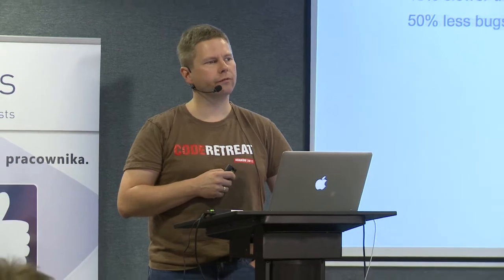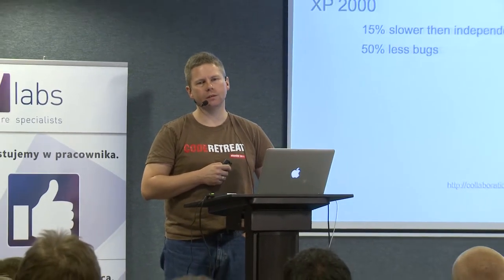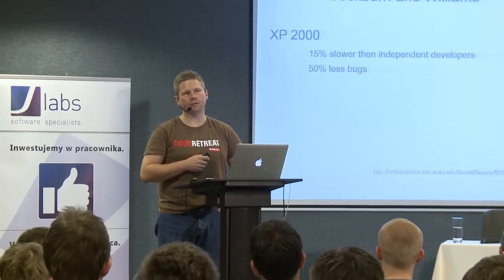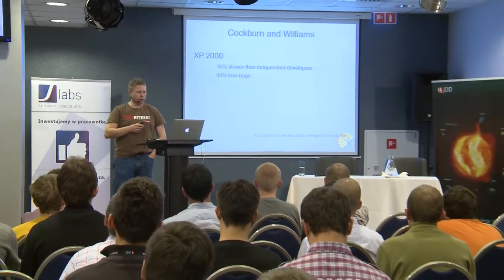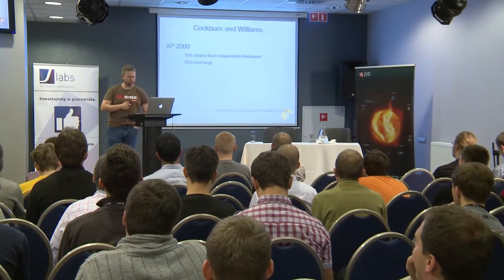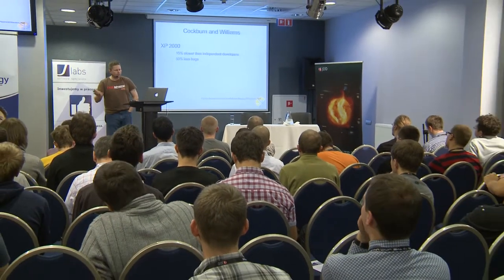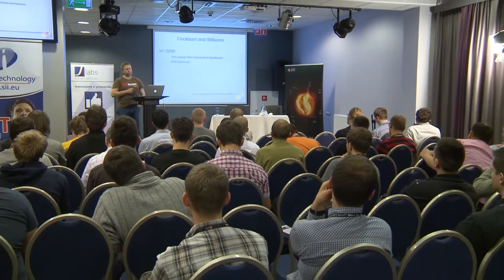So it's always a trade-off. Are you prepared to pay 15% extra for having 50% fewer bugs? Maybe, maybe not. There are other people who have been doing work on this as well. It all depends, so I won't go very deep into the mathematics behind this.